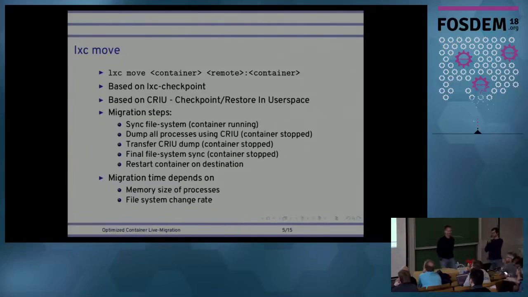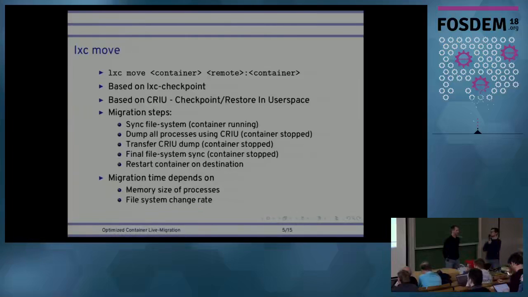As I said before, it's based on LXC checkpoint, the implementation in the low-level library, which is based on CRIU: checkpoint/restore in user space, where you snapshot a process. You can imagine it like this: dump its memory state to disk, and then restore it to the exact state of execution where you snapshotted it. That's the idea, which is a great use case for example for databases, or any scenario where you're really interested in the volatile state of a given process or process tree.